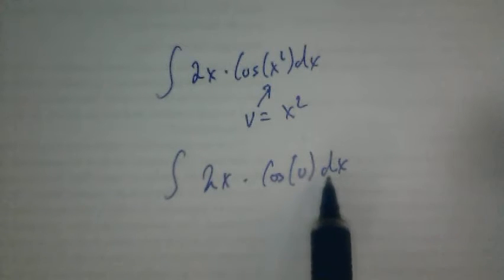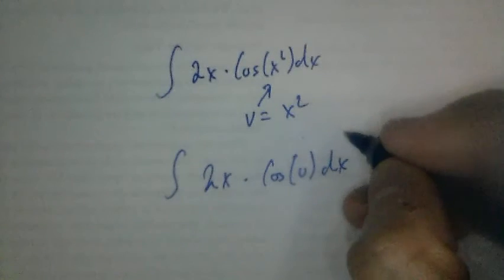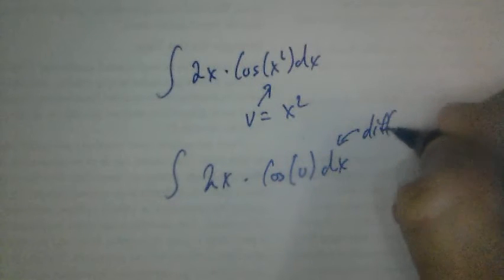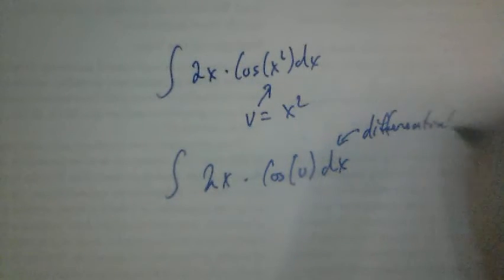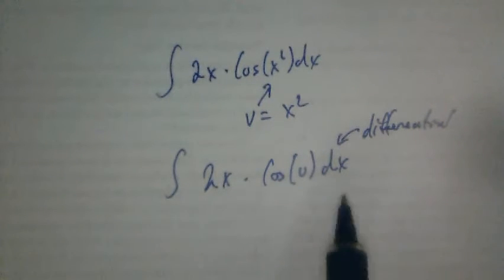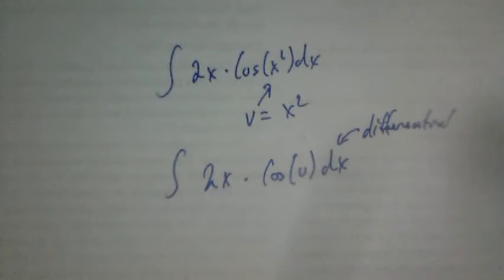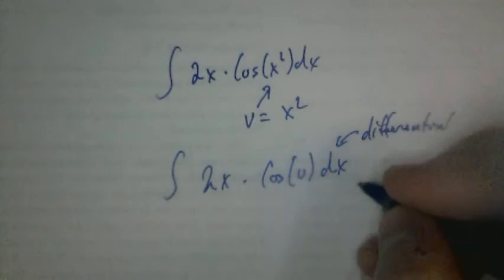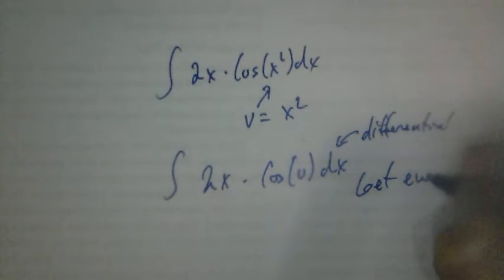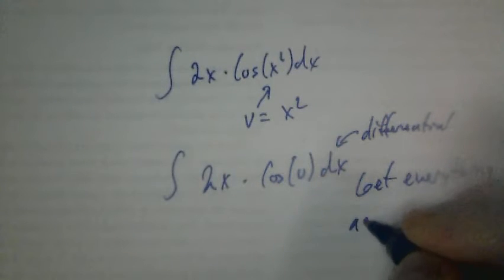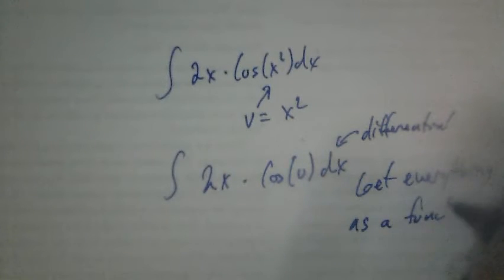So you can't do this unless they're all u's or all x's. So we need to get everything as a function of u. Okay, so that's what we're going to do right now. We're going to get everything as a function of u, and we're going to start back to where we were in our initial substitution. So we know that u is x squared.